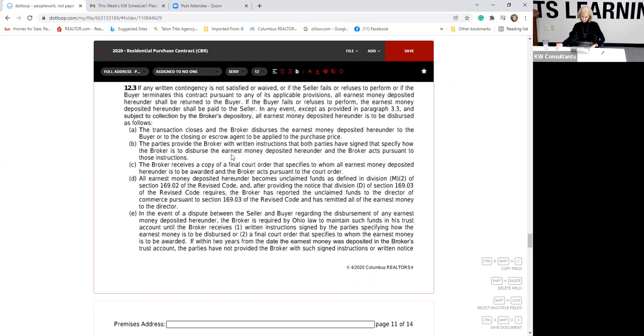So always make sure, if you're collecting $1,000 or $3,000 or $5,000, that you make your buyer realize that at the end of the day, it goes to 12.3, which says you have to have a mutual release signed in order to get the money back.